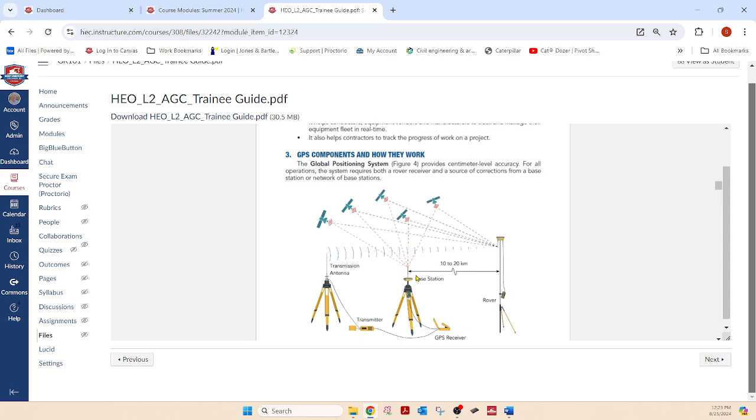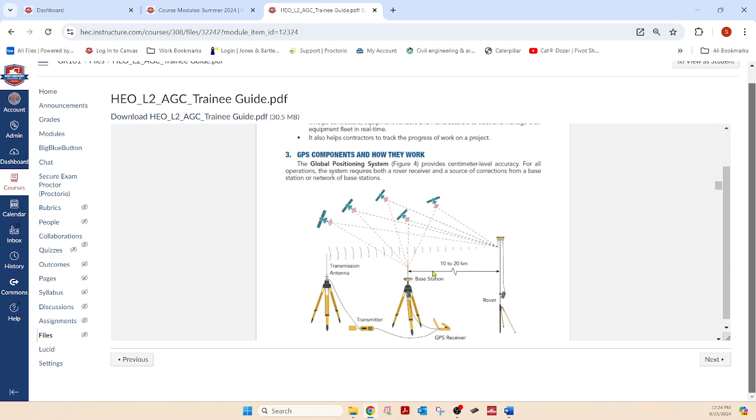That's what the purpose of RTK is: to make corrective signals received from the base station to correct the signal from here to here over time. It will do that because it knows how far away it is from here. So it can do that.